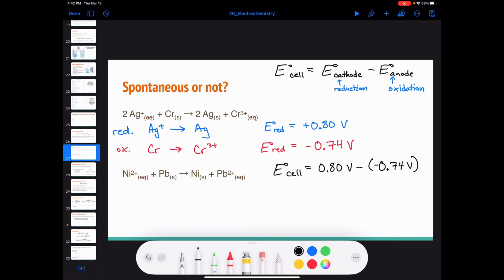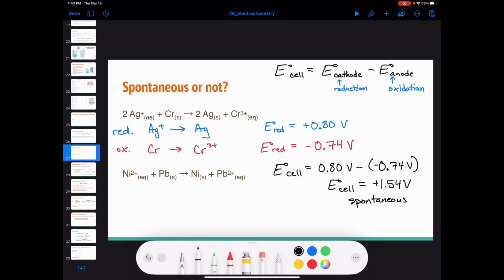Okay, so E naught for this cell would be equal to positive 1.54 volts. It's a positive value, therefore this is spontaneous. Okay, that would make a good battery. And it would have quite a high cell potential, right? This would work quite well. Get a high voltage off of this.